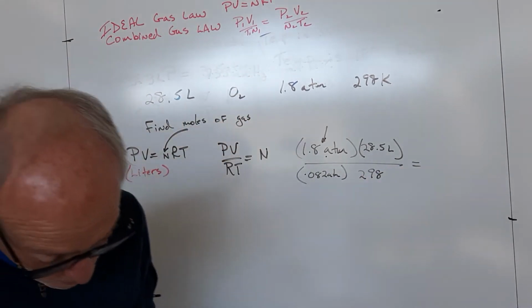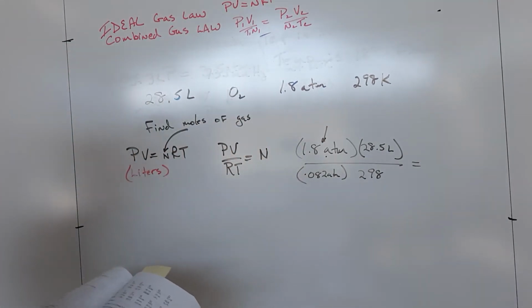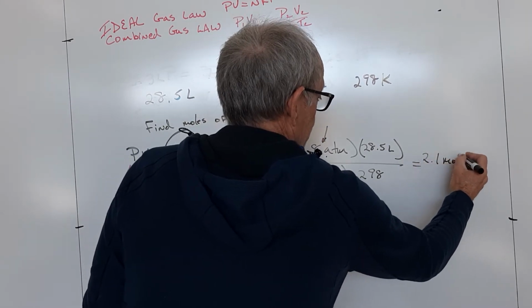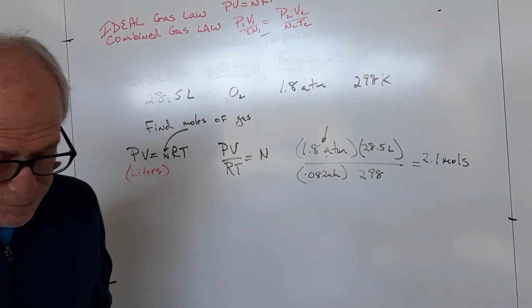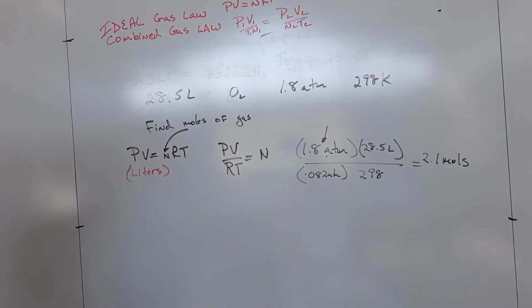If I put that all together, for 61 my answer will be 2.1 moles. Looks good. Great.